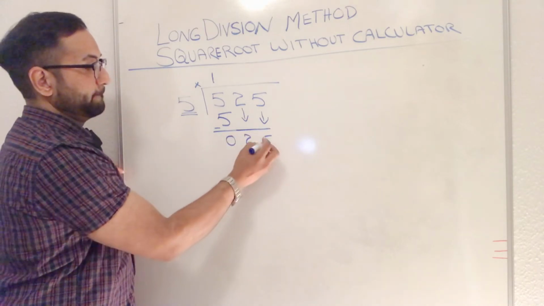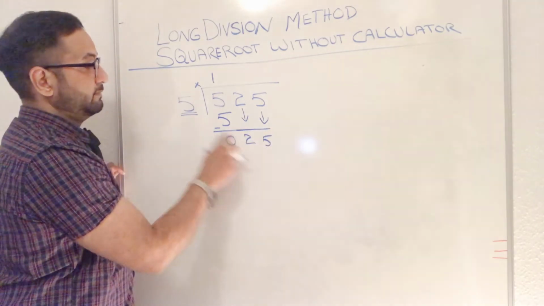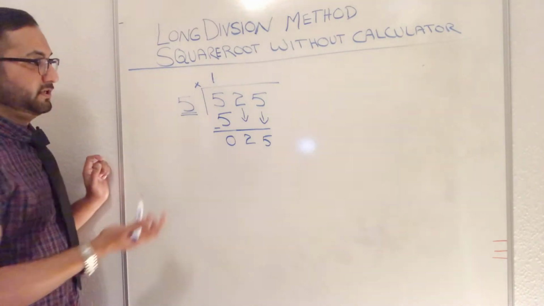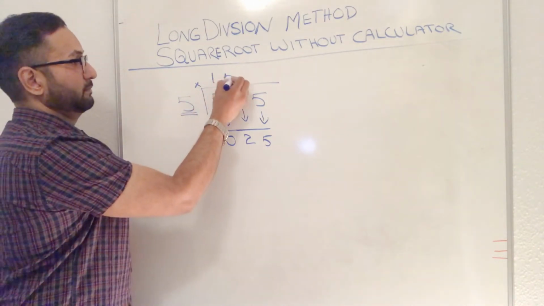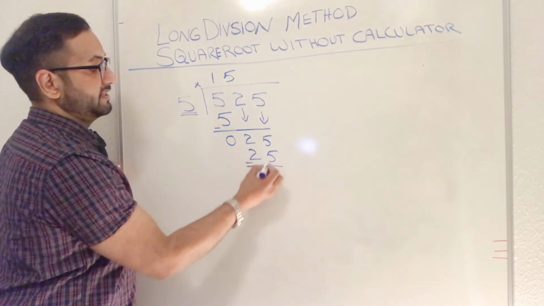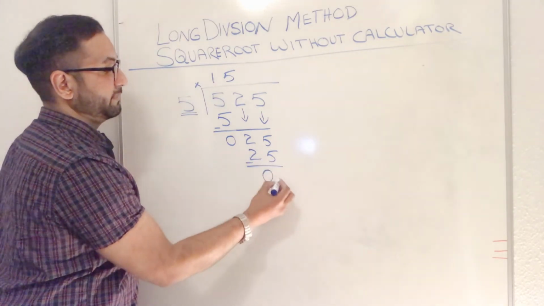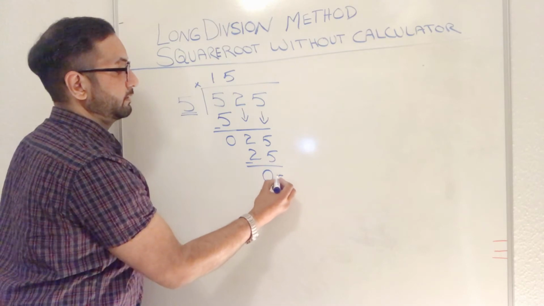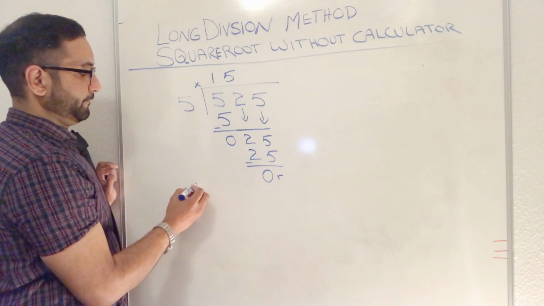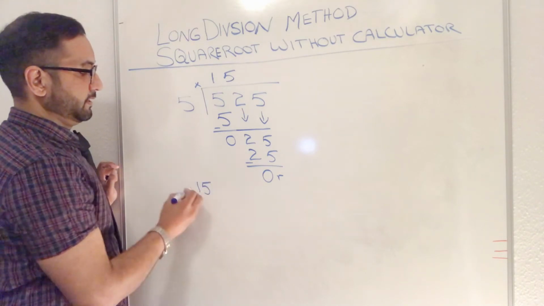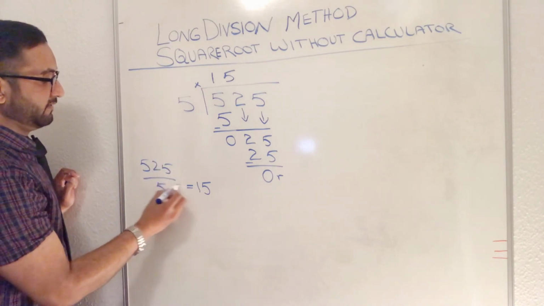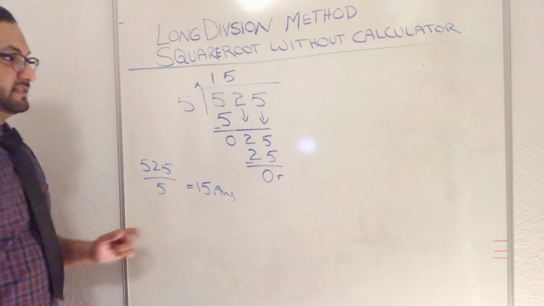How many times do we multiply 5 to get 25? We need to know the tables. 5 times 5 becomes 25. So we subtract, 25 take away 25, and we get 0 remainder. So our answer will be 105, because 525 divided by 5 gives 105. This is a long division.